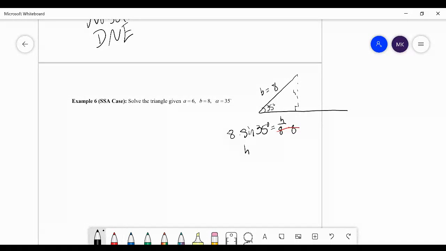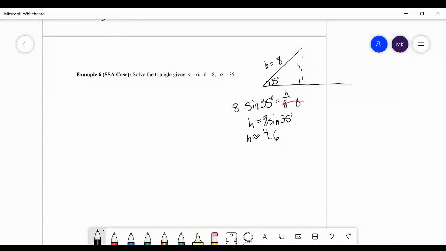So we get very simply that H is 8 sine of 35 degrees. And if we get the approximation for that, we get 4.6. So we have that H is less than A is less than B. That means that we have 2 possible triangles.